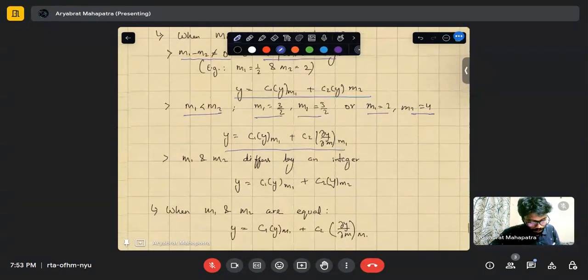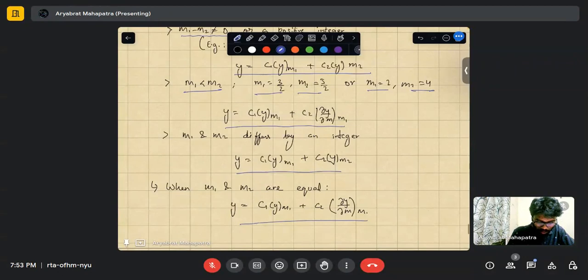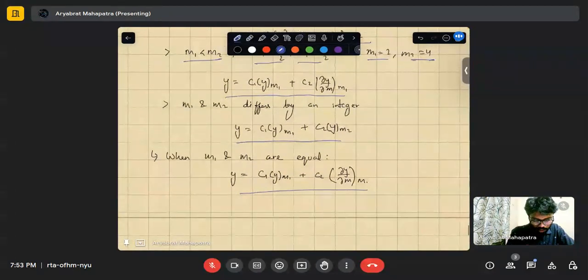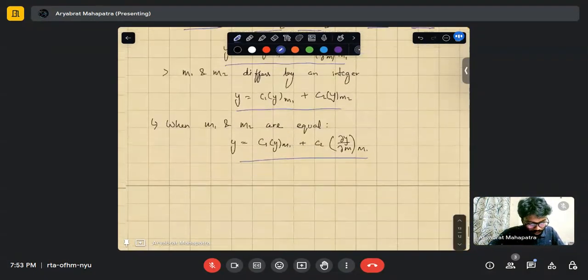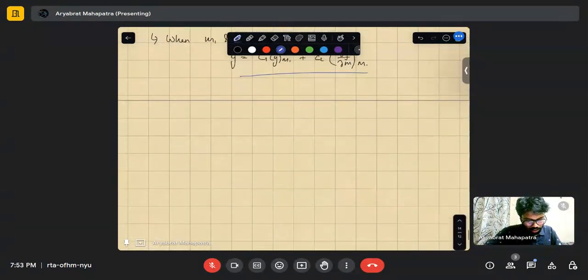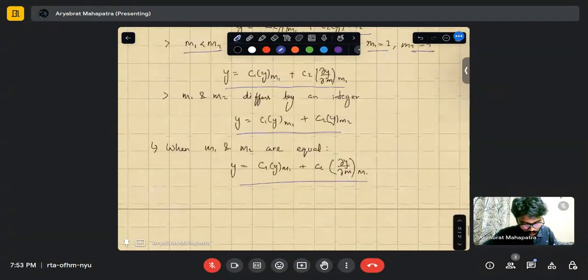So these are some specific conditions where you can write the final form based on m1 and m2. This is discussed well in your NPTEL lecture. So maybe we can quickly go through an example of how this all works.